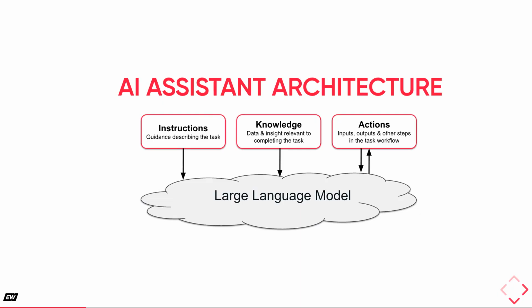So, what does the basic architecture of an AI assistant look like? At its heart is a large language model, or LLM, which is the engine or brain for understanding and generating language. This LLM is then enhanced and guided by three key components: instructions, which tell the AI what to do and how to behave; knowledge, which provides the information it can draw upon, including specialized or proprietary company data accessed through techniques like retrieval augmented generation, or RAG; and actions, which allow the LLM to interact with other systems and perform real-world tasks.